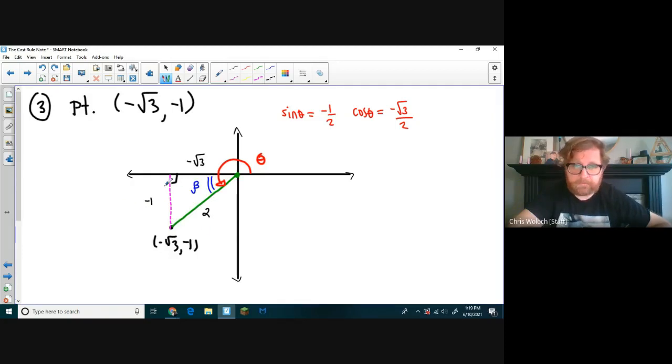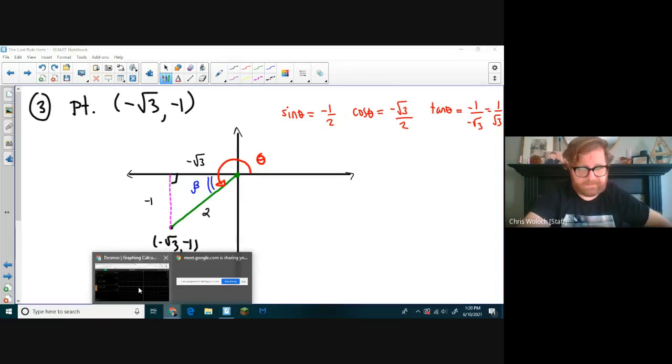And then tan of theta, which is y over x. So notice it's a negative and a negative, so those cancel each other out. So in this quadrant, tangent is positive.